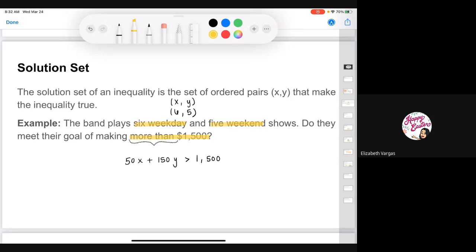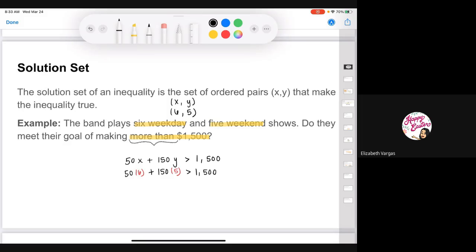So now what we can do is plug this set into our inequality here and see if it is true. So 50, X is 6, plus 150, Y is 5, and we want that to be more than 1,500.